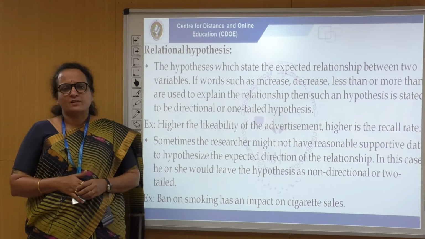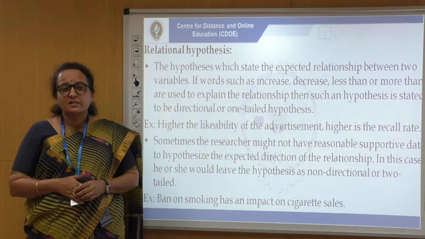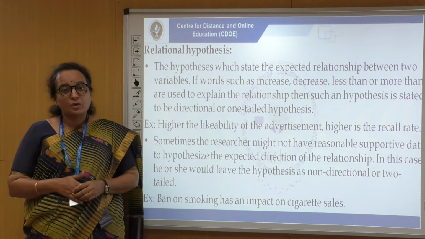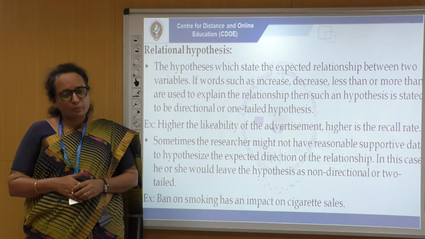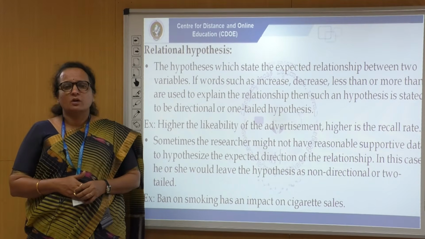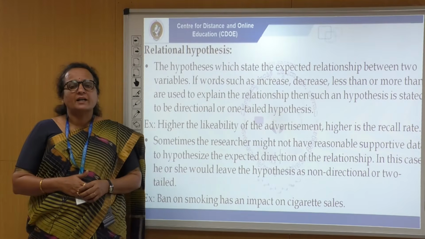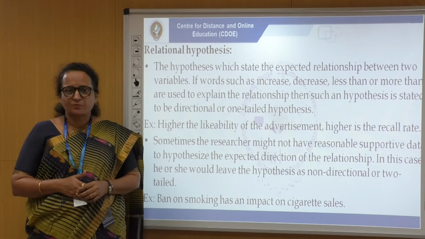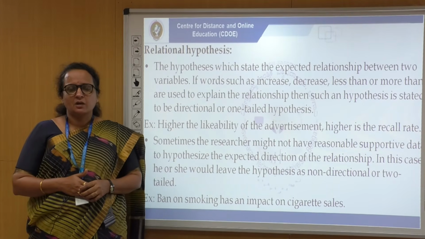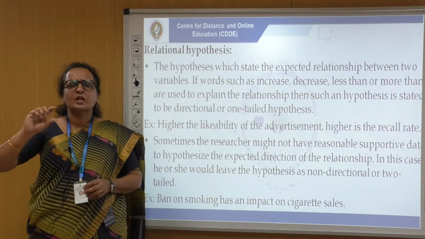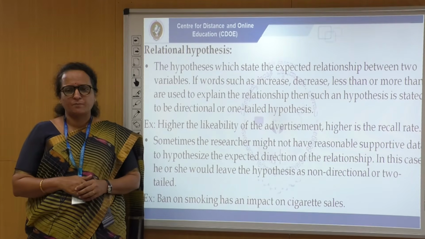If words such as increase, decrease, less than, more than are used to explain the relationship between the variables, then such a hypothesis is called a directional hypothesis. It is giving the direction of relationship between the variables.